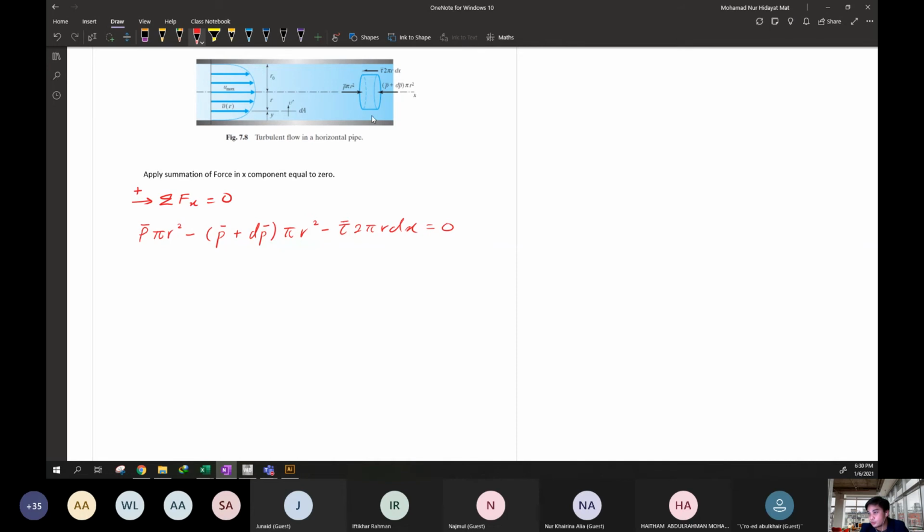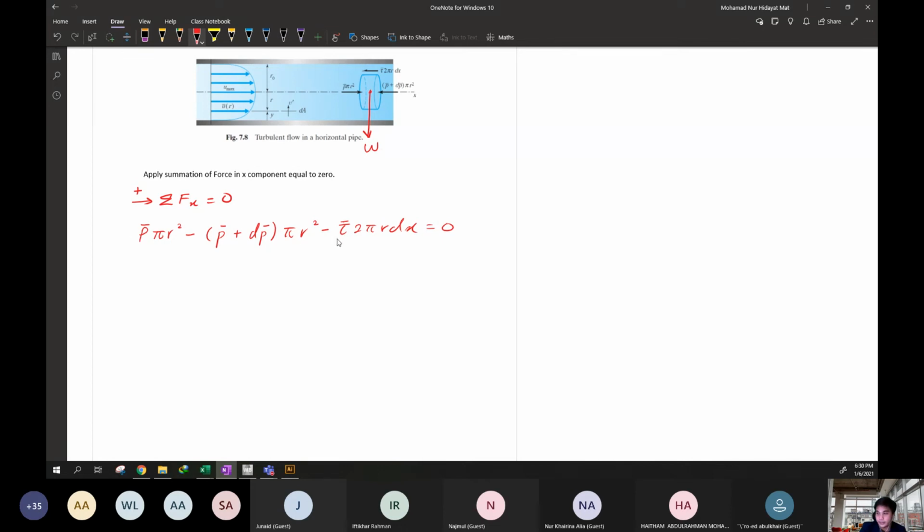The weight is not considered because this is horizontal. When we take cos 90, it is 0, so the weight is not acting in the horizontal direction.